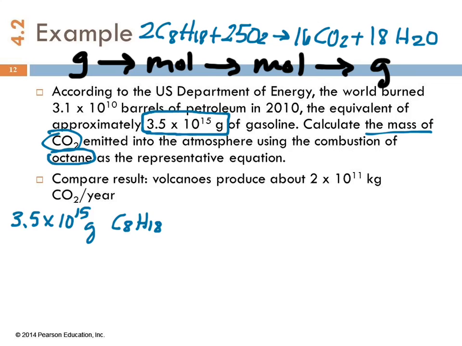I don't want to bore you to tears, but I don't want to blow you away and have you not understand it either. So these calculations are generally going to have three terms. So we're going grams to moles. It's really important to write your units.